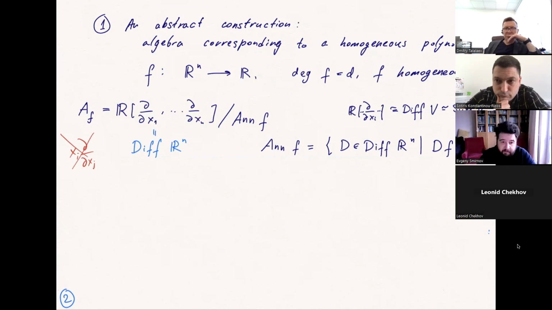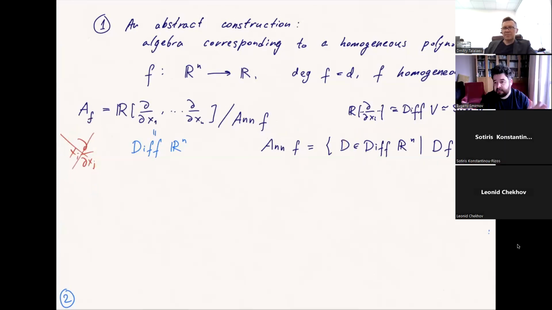This is a commutative algebra, as opposed to the Weyl algebra I have, right? And having a polynomial f, I can take all possible differential operators which annihilate it. So the annihilator of f is the set of all these d such that d applied to f is identically 0.